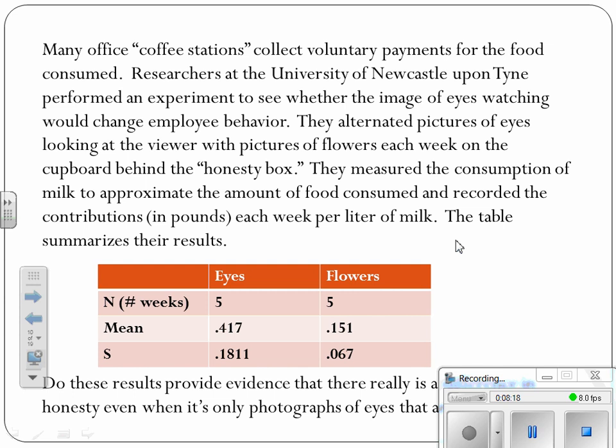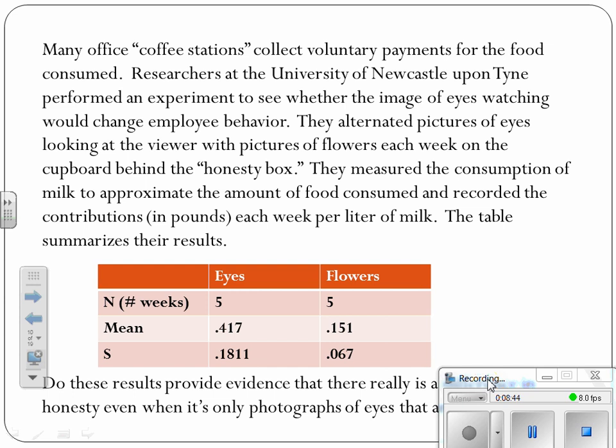Here's an example, some research done by the University of Newcastle about a coffee station and voluntary collections. They alternated pictures of eyes looking at the viewer and flowers, and there was an honesty box where people would put in contributions depending upon how much milk or food they took from the coffee station.